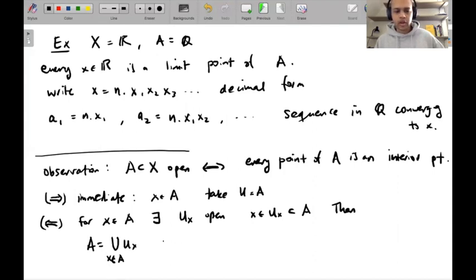So A is a union of open sets, hence open.